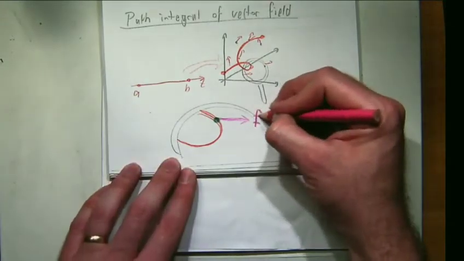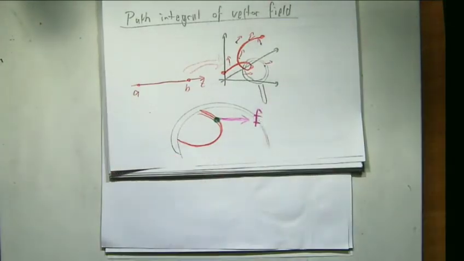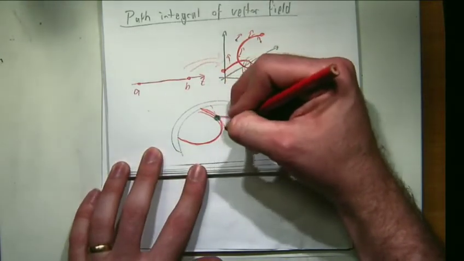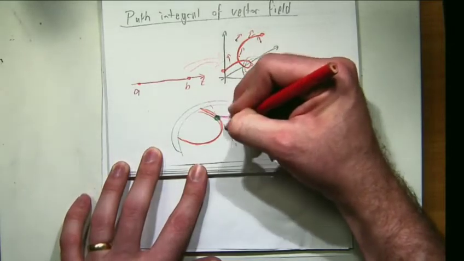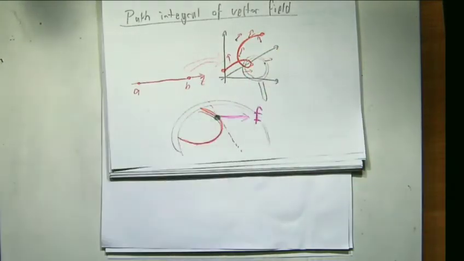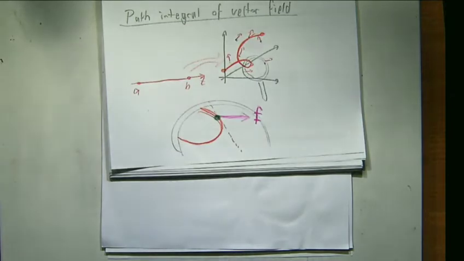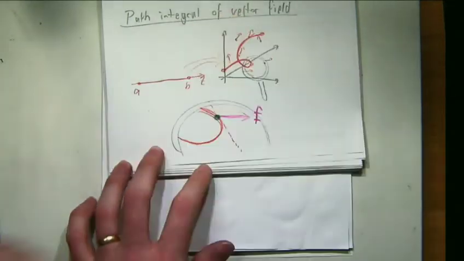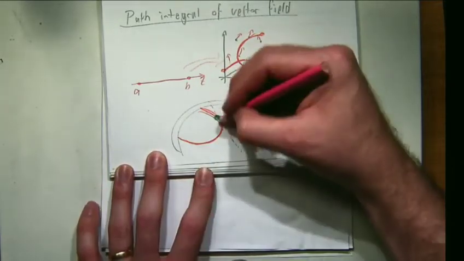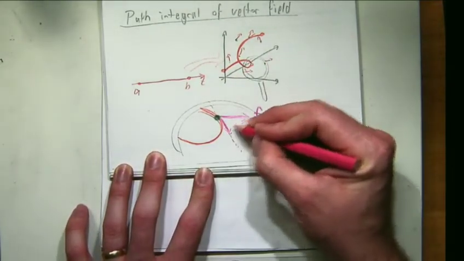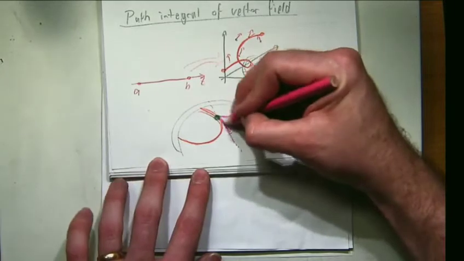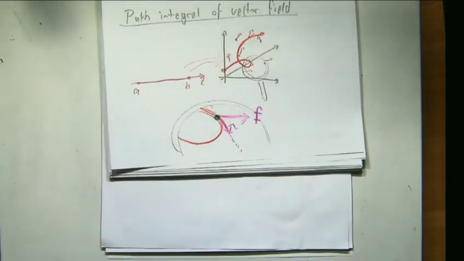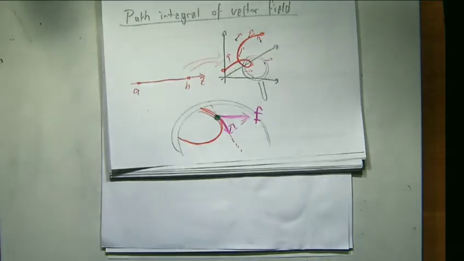It's a bold F. And my curve has a tangent just there, and what I want to know is how much of that F is in the direction of this tangent. So I want to know what this bit here is. If I can find the length of that vector, then that is going to be my new scalar field that I'm going to integrate.